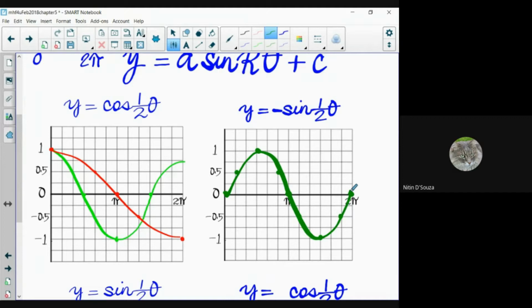Okay. So I would recommend you do the following. Just let me help you out. You see how this is sine theta? So we want minus sine theta, right? So first thing we do is draw the negative of this.